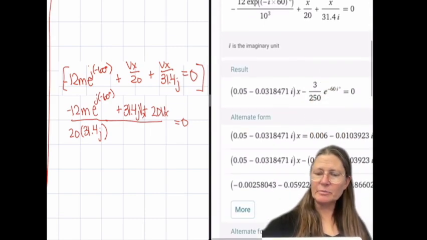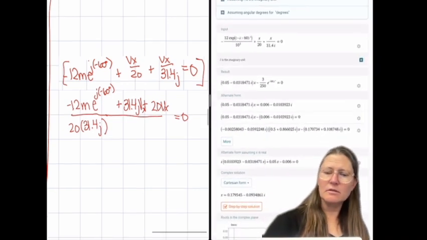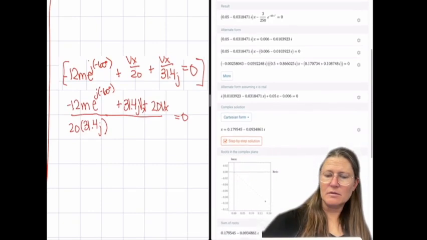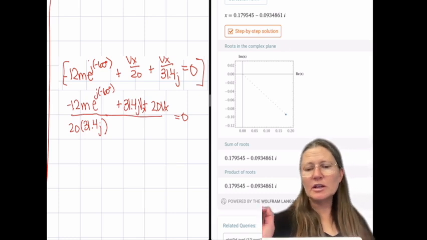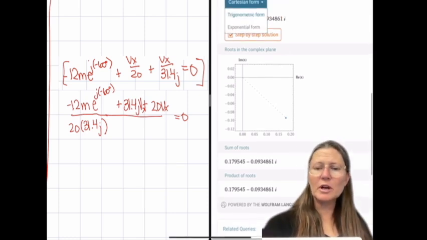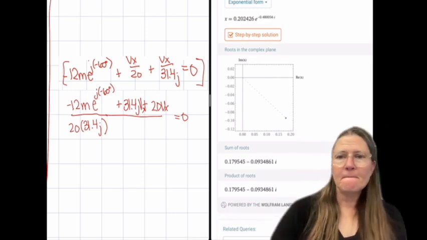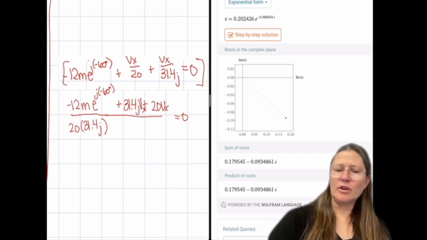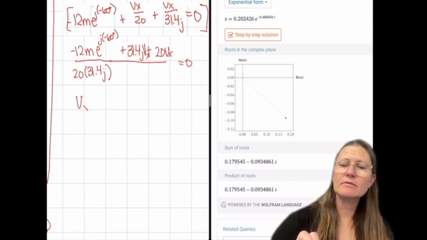All right, that looks more correct. So this is giving it to me in either Cartesian form, or I could ask for exponential form.